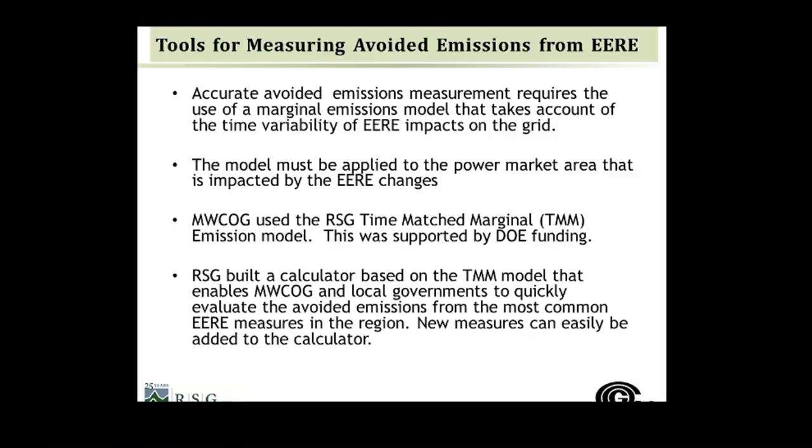I want to talk about how we can create some tools for measuring avoided emissions, and what the criteria are that we need to use for that. So first of all, following up on what Art had said a few minutes ago, accurate avoided emissions measurements do really require the use of a marginal analysis, and certainly the preferred way is to use a marginal emissions model that takes account of the time variability of EERE's impacts on grid electricity.